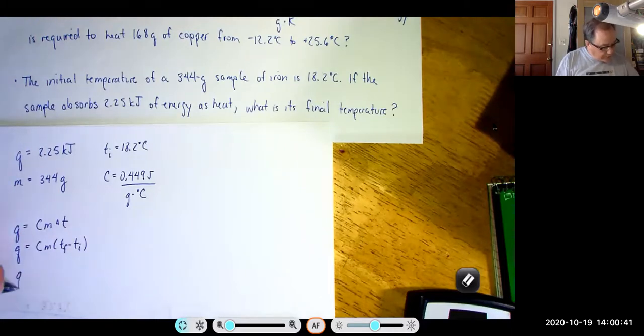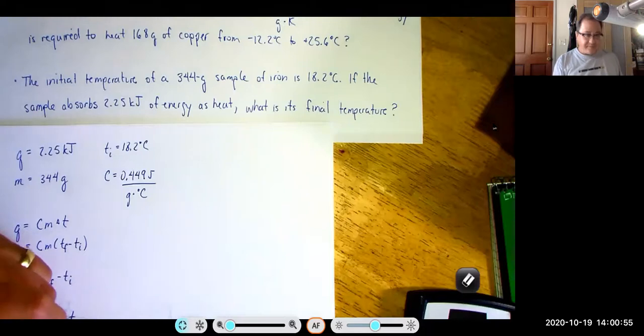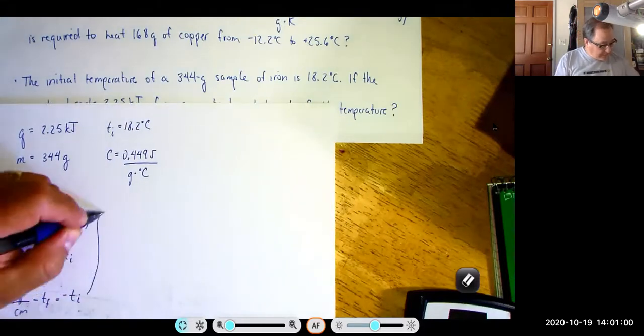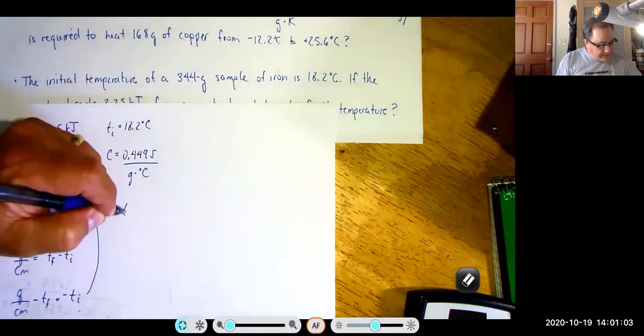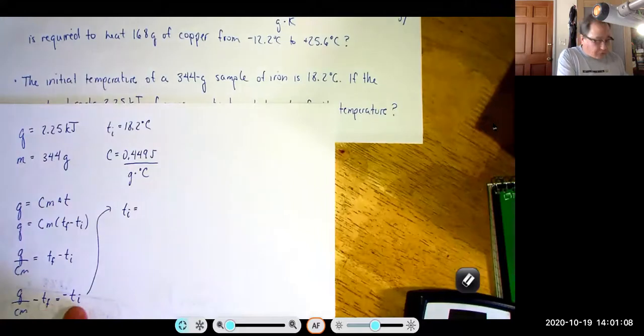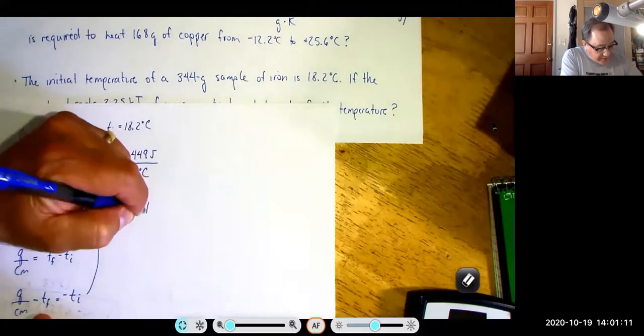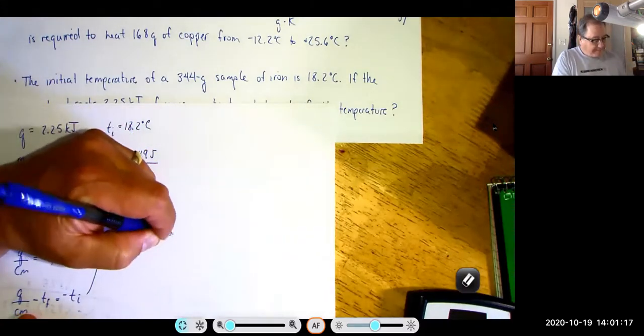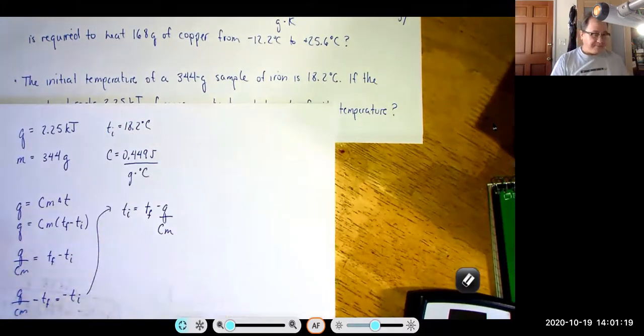So Q divided by Cm is T final minus T initial, which means that Q over Cm minus T final is equal to negative T initial, which means, I'm going to carry this up here, that T initial is equal to, see, I'm taking the negative of T initial, which means I need to take the negative of T final. So that's a positive T final minus Q over Cm. So that's my formula for getting the initial temp.